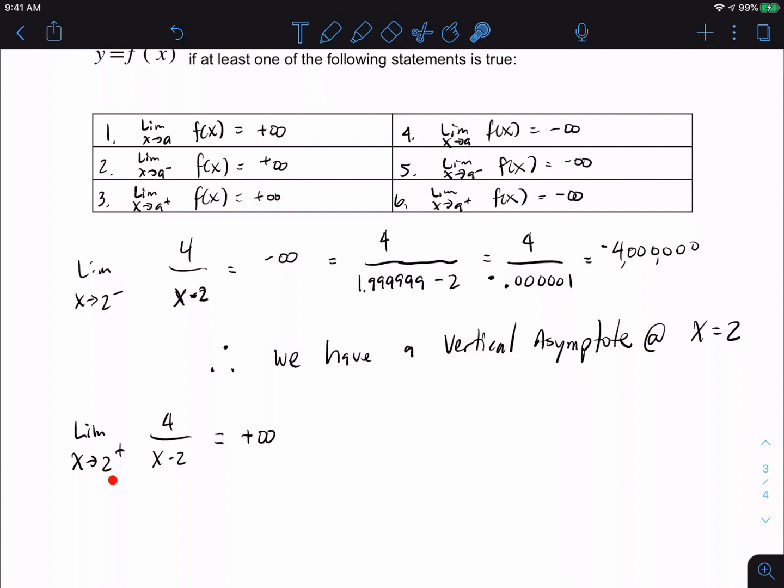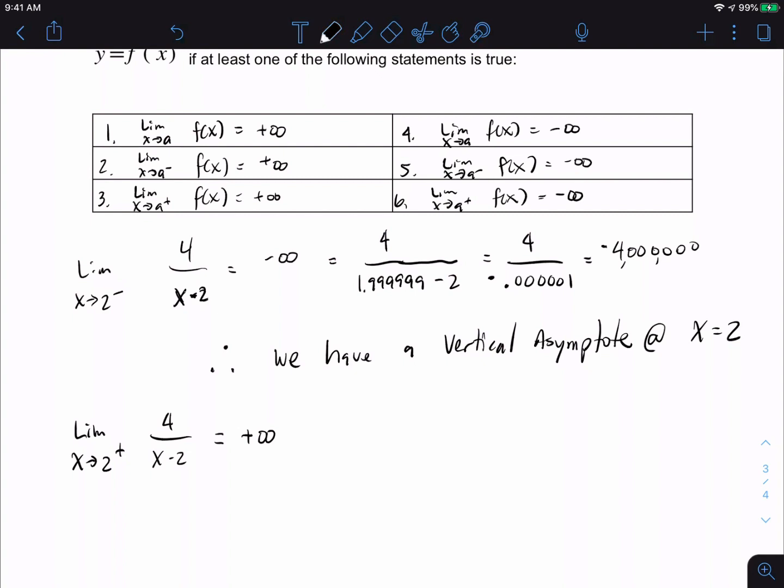If I'm coming from the right, isn't this like 2.1? So I'm getting 4 over 0.1, which is 40. And so I already know that means that thing's going to positive infinity. It's exploding up. Is that clear?